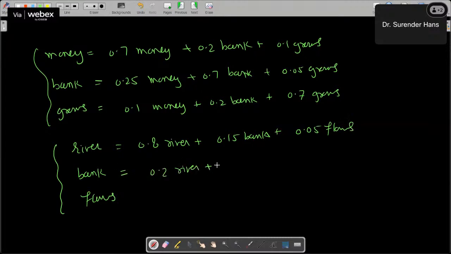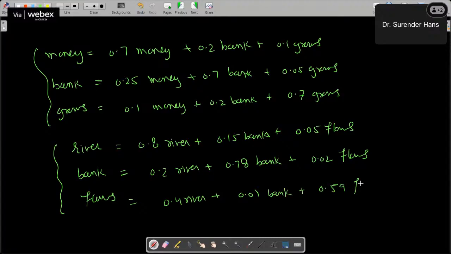Let me write the complete thing so you understand the concept of self-attention. And flows is 0.4 river plus 0.01 bank plus 0.59 flows.